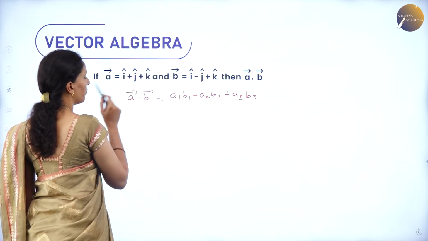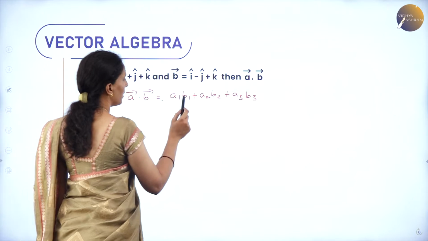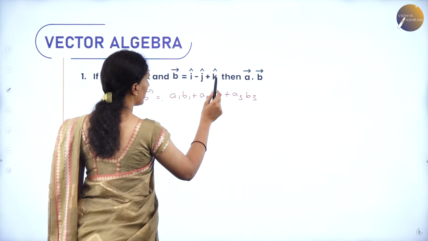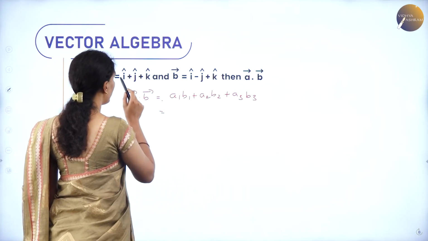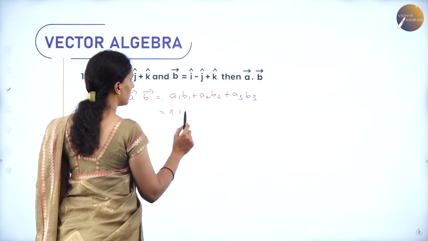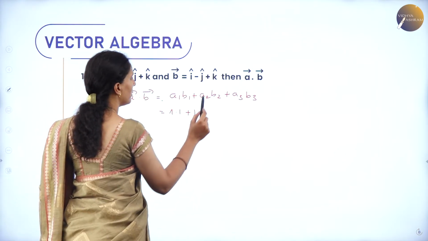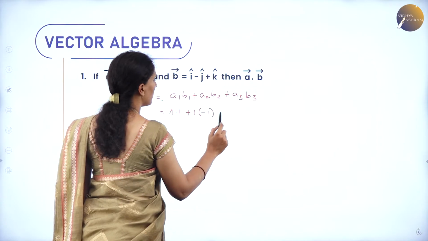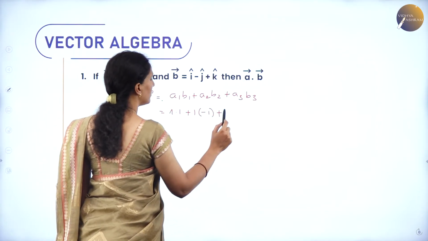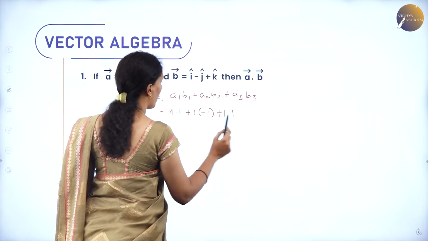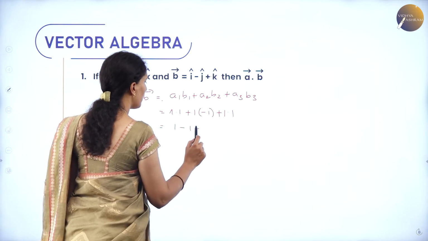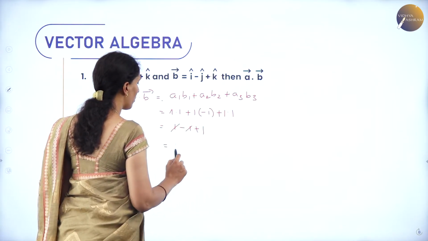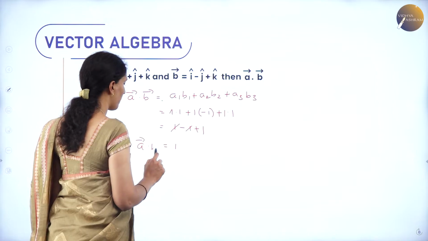The components of vector A, that is 1, 1, 1. B1, B2, B3 is 1, minus 1, 1. So, A1 B1, 1 into 1, plus A2 is 1, B2 is minus 1, A3 is 1 and B3 is also 1. So, we get 1 minus 1 plus 1. So, A dot B is 1.